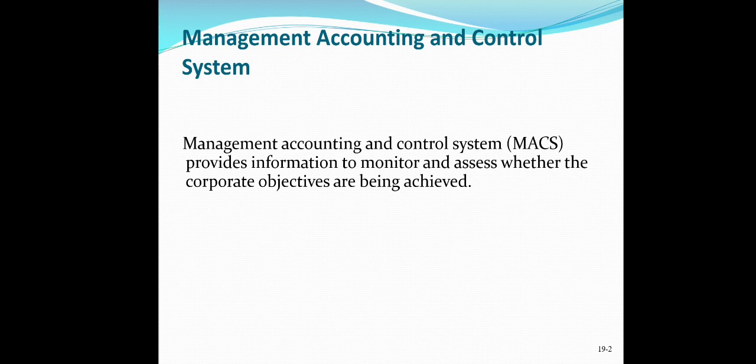Management, accounting, and control systems, or MACS, provide information to monitor and assess whether the corporate objectives are being achieved. So MACS is a system that produces information that can be used to monitor and assess whether a corporate objective is being achieved or not yet.